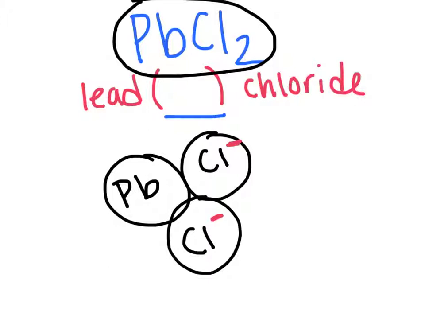The next step is to ask yourself, what charge needs to be here in order to balance out and make a neutral compound? Hopefully you said that the charge of lead needs to be 2 plus, because that 2 plus will balance out the 2 minus. The last step is to go ahead and write the charge as a Roman numeral inside of those parentheses.